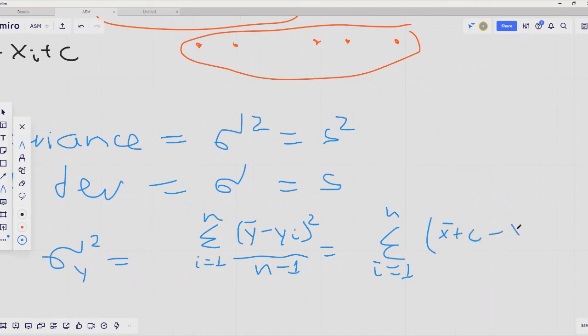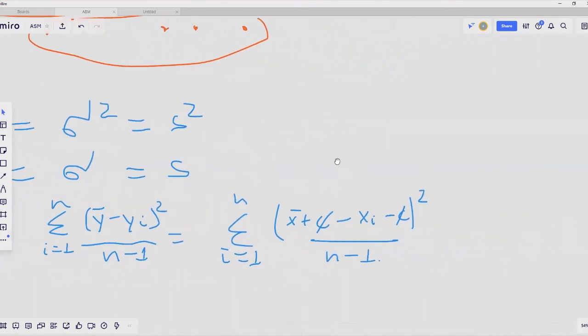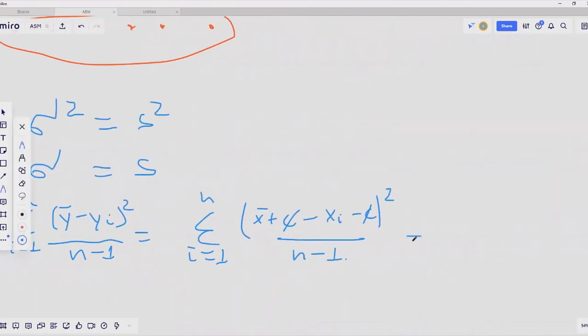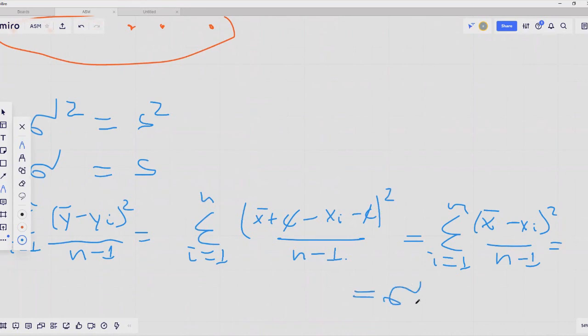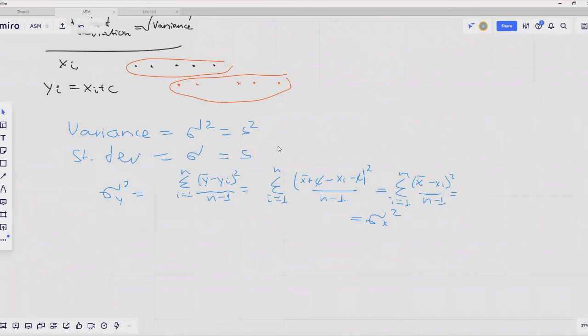And yi minus y bar is xi minus x bar, so these c's are going to cancel out. And we are simply left with the formula for variance of the original sample of xi's. This is sigma x squared. All right, when we are working with a translated sample, the variance will not change.